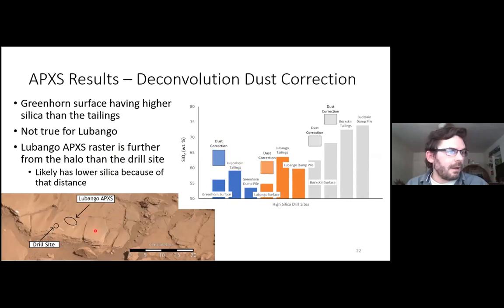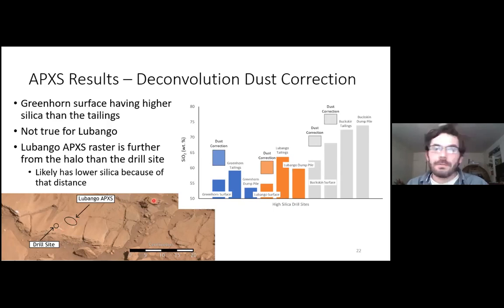However, in the Stimson, this high silica alteration occurs at these fractures and dissipates pretty quickly away from it. And so our Lubango drill site is right here, much closer to the fracture than the Lubango APXS value. So we'd actually expect them to have a lower silica amount as well.